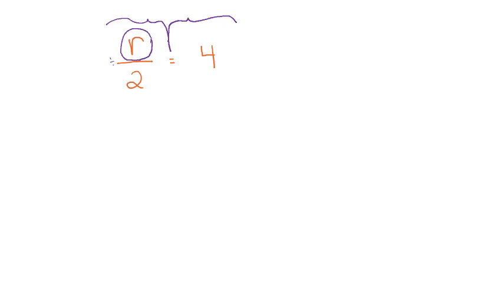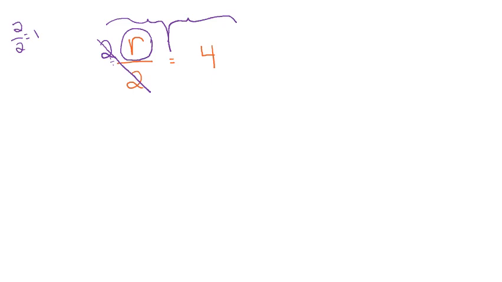So when you have a fraction, sometimes a good way to think about getting rid of a fraction and undoing your fraction is think about, I wish I had a 2 on the top so that I could cancel both of them out, because anything over itself is 1.